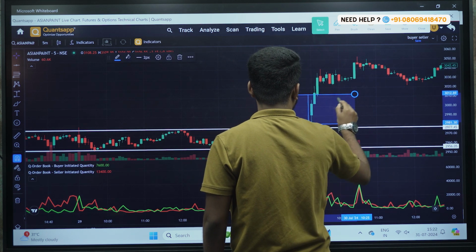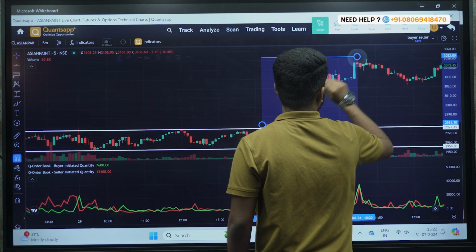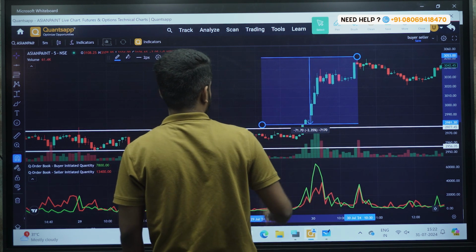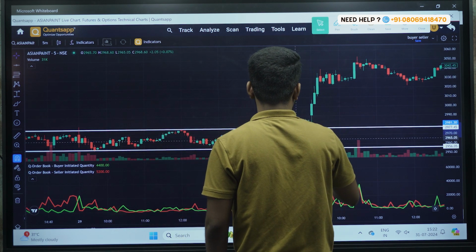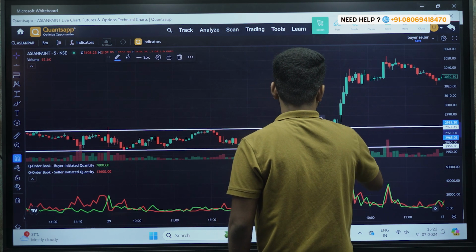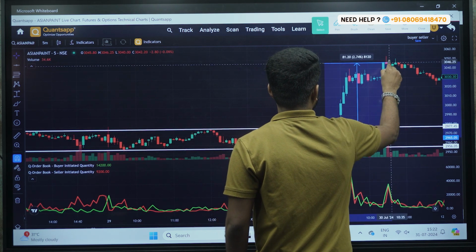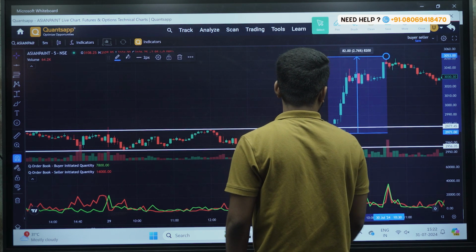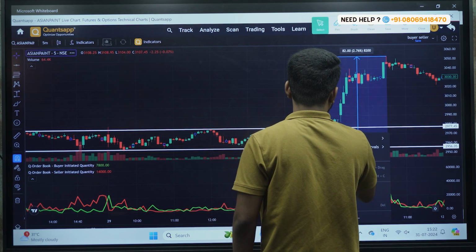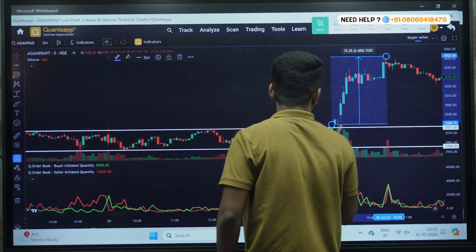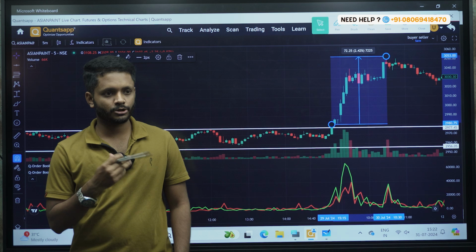At the close of the candle, say I took a trade, I could have captured approximately 70 points. I could have easily captured 70 points over here. But it is not practically possible to capture the whole move.